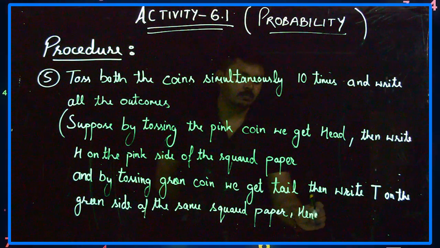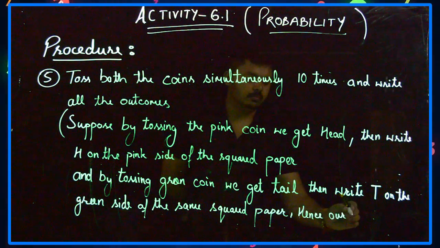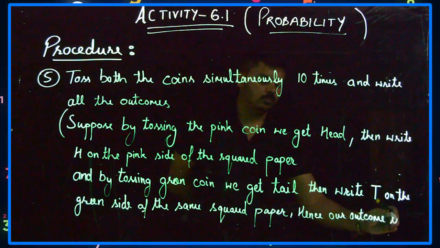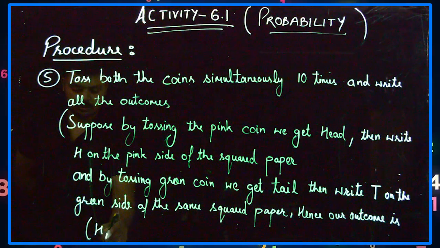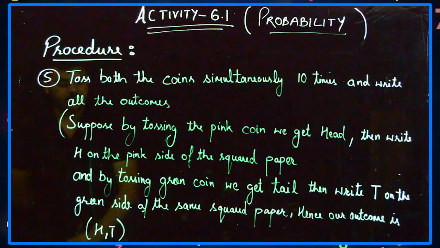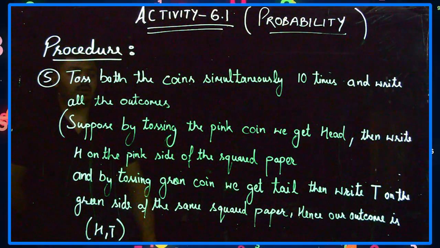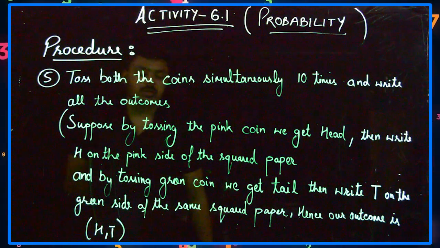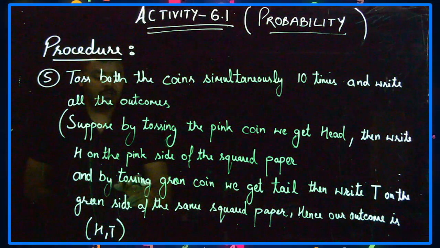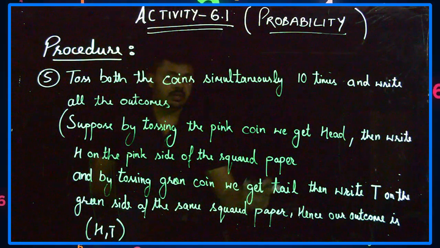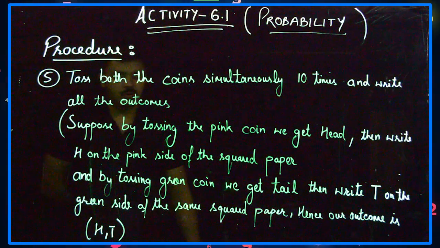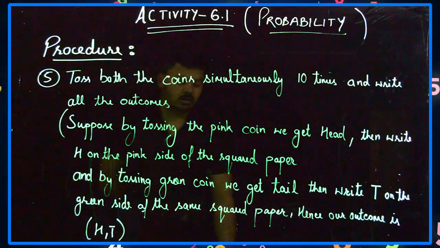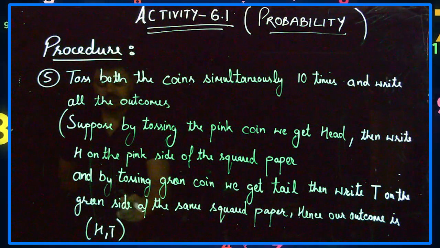Hence, our outcome is HT. That is H on pink coin, we get heads, then we write H on the pink side of a squared paper, and by tossing simultaneously the green coin, we get tails, then write T on the same squared paper but on the green side of that paper, hence our outcome is HT.